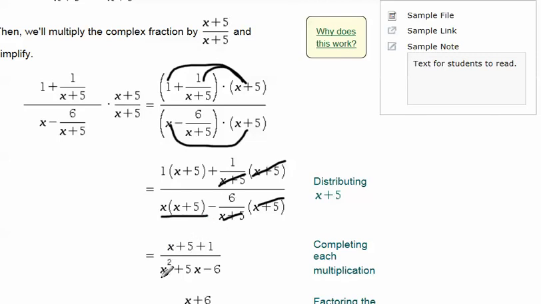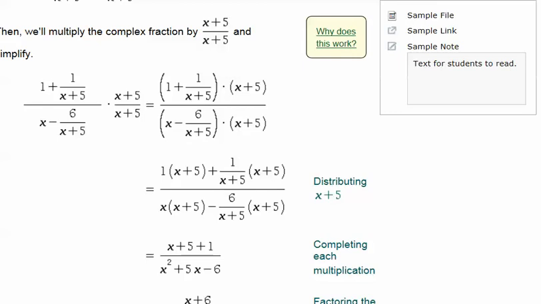The top numbers were derived from 1 times x, which is x, 1 times 5, which is 5. The plus 1 was here, now it's here. The bottom numbers are derived like this. X times x is x squared. X times 5 you see is 5x. The minus 6 is written right here.